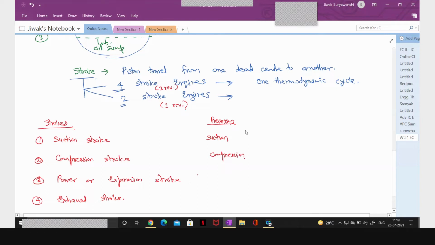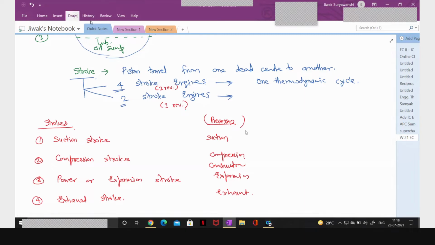Combustion. And fourth one is expansion. And fifth one is exhaust. So these are all five processes which take place during four strokes of the engine. Whether it happens in a four-stroke engine or a two-stroke engine, all five processes will take place.